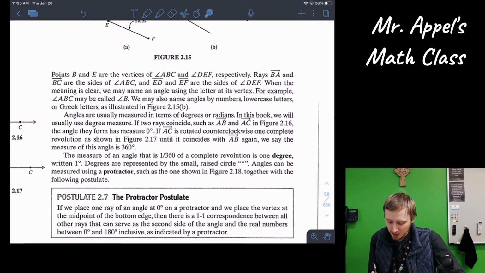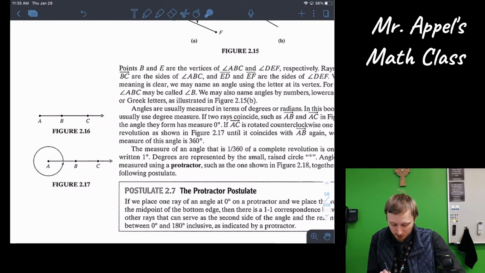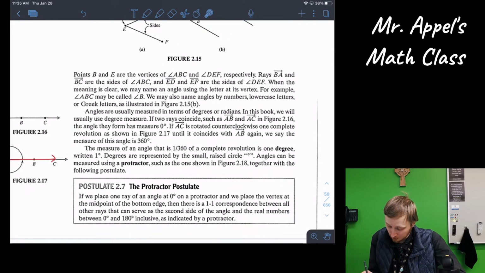If ray AC is rotated counterclockwise one complete revolution, as shown in 217, so we've taken this up and spun it around all the way, one complete revolution, until it coincides with ray AB again, we say that the measure of this angle is 360 degrees.